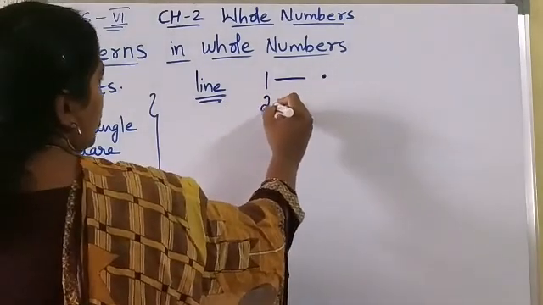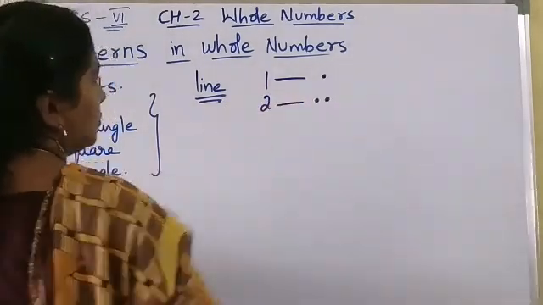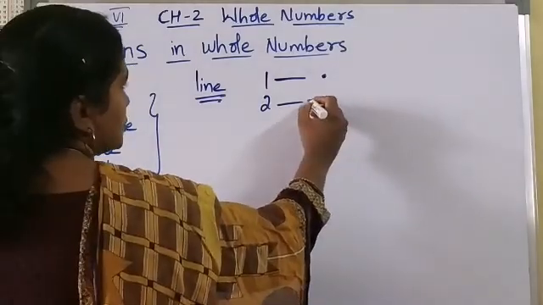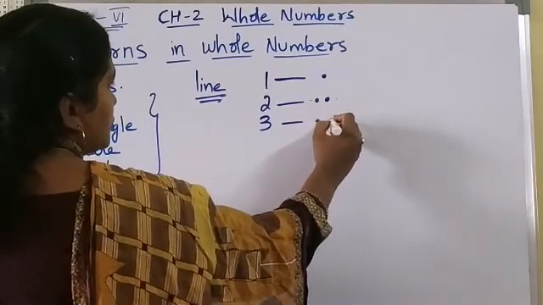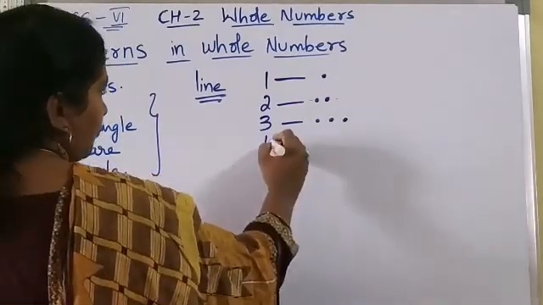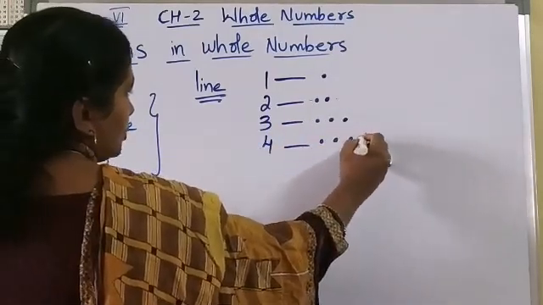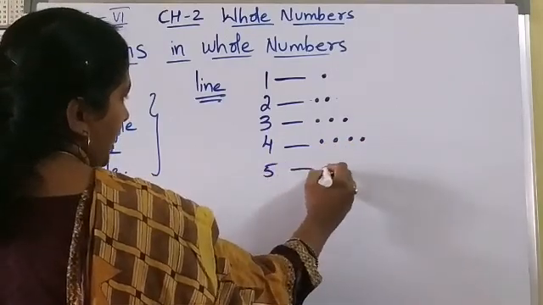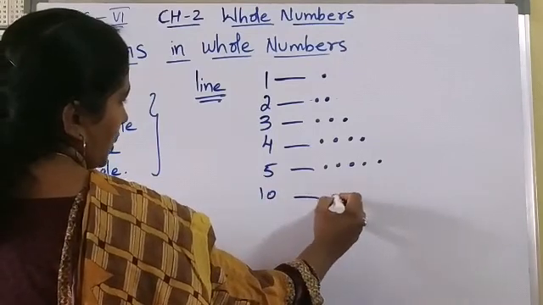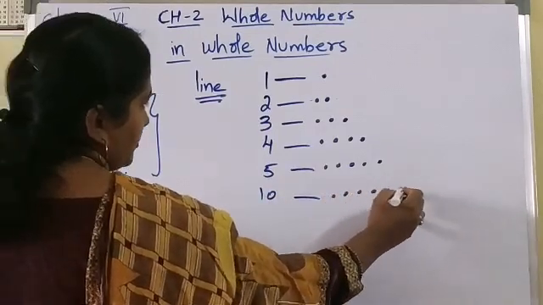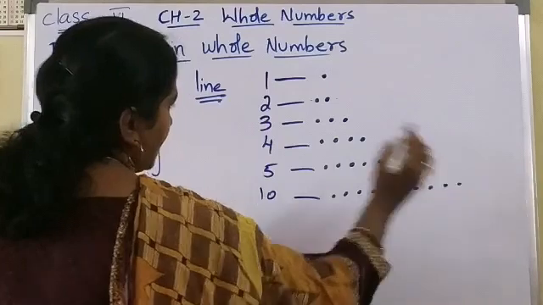Coming to 2, you have 2 dots. If I join these 2, I will get a line. Coming to 3, 1, 2, 3. For 4, 1, 2, 3, 4. For 5, 1, 2, 3, 4, 5. For 10, 1, 2, 3, 4, 5, 6, 7, 8, 9, 10.